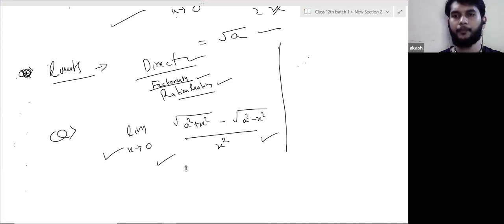Krishna, Syed, what is 1 root a square? You can simplify that further, right?